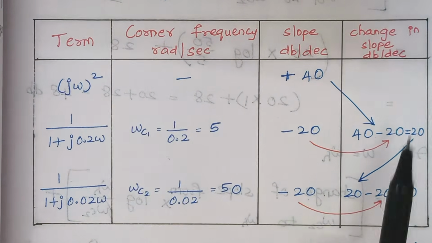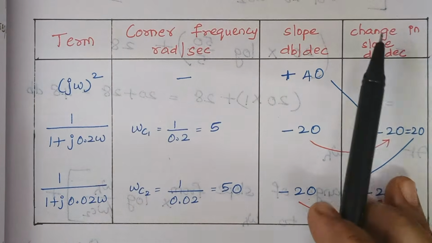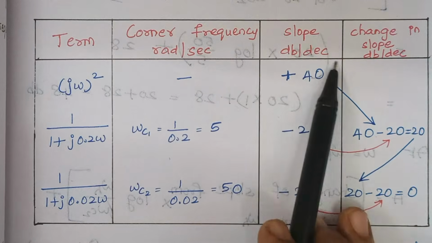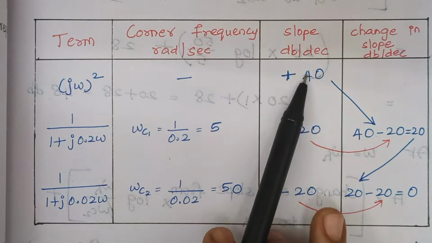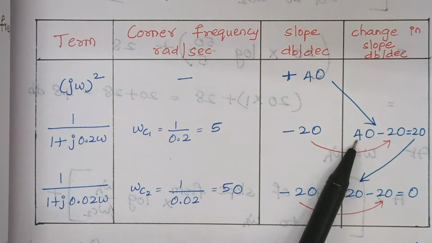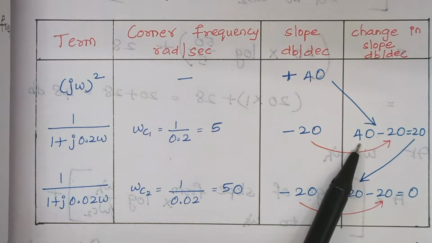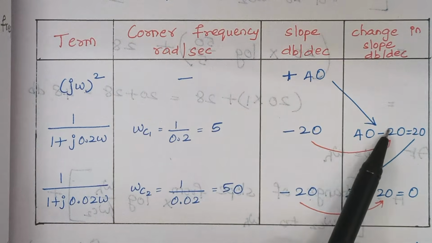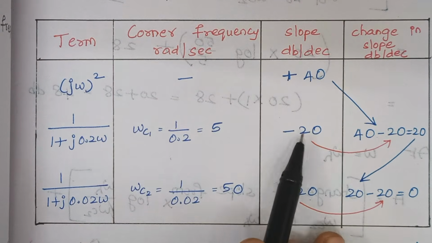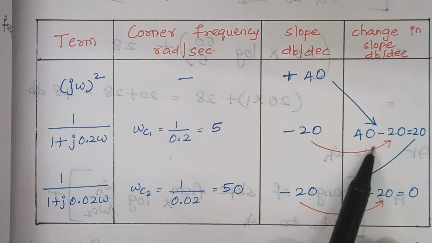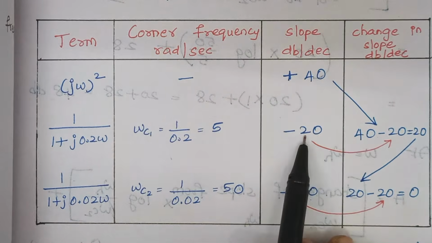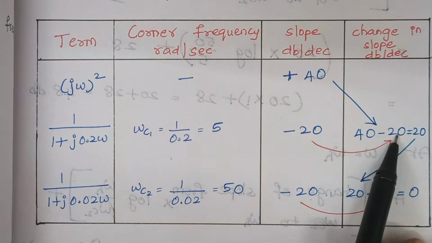Then the next thing is change of slope. So how to calculate change of slope? The first step is here we are having plus 40, right? So you just write this plus 40 as such here. Then the next thing is we have to move this value to the right hand side. So here I am having minus 20, and I am writing it over here. This plus 40, here plus 40, and this minus 20 is moving to the right hand side.